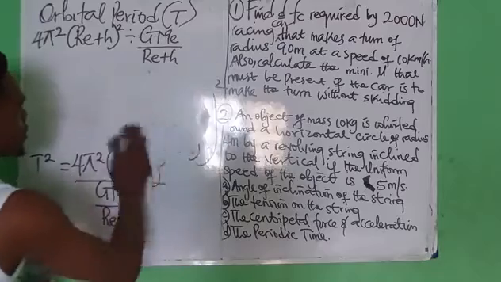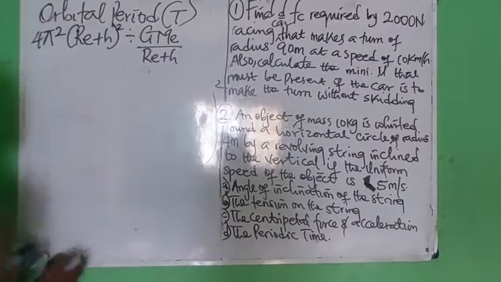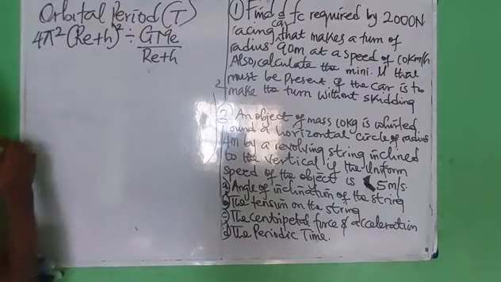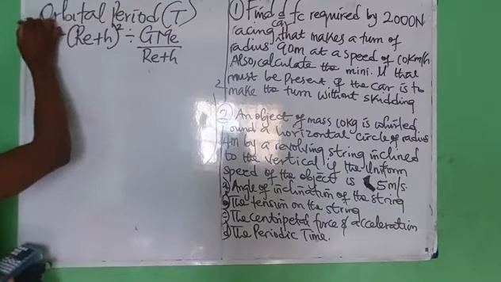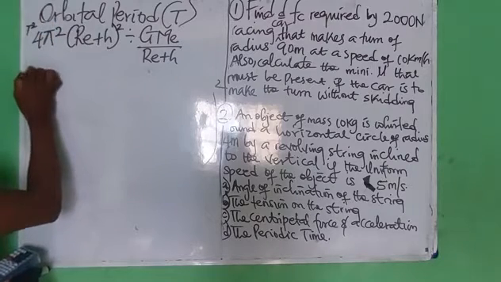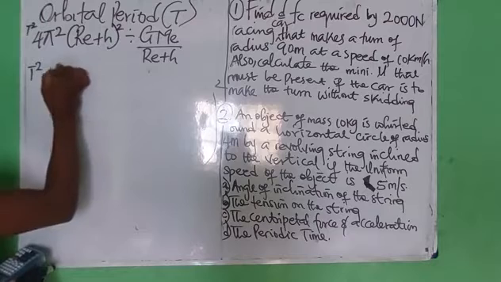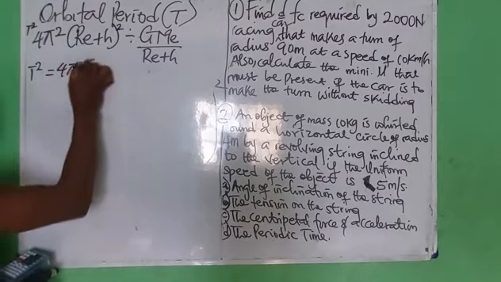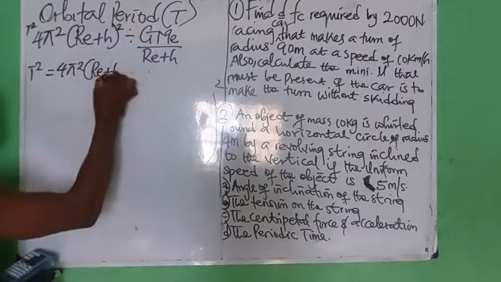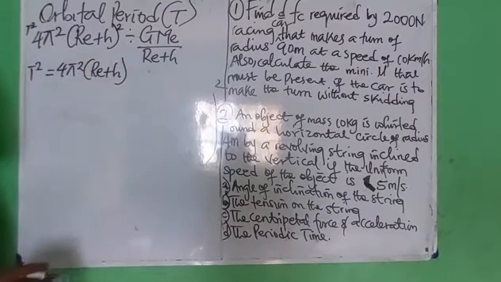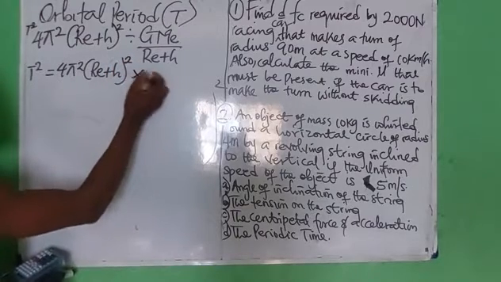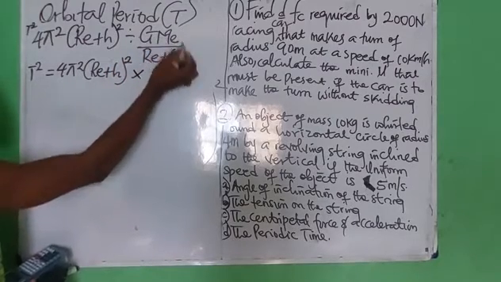So I can now rub off this one. Do you stop there? No, you don't. So don't forget this period, period squared. Therefore, it becomes T squared equals 4 pi squared, RE plus H, right? RE plus H, don't forget there's a square there, times this one goes up and this other one comes down.